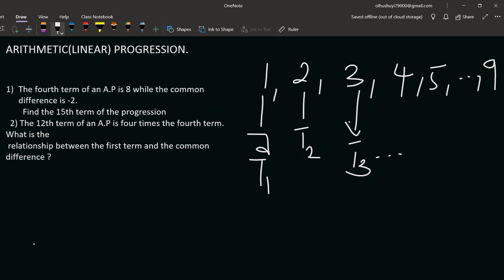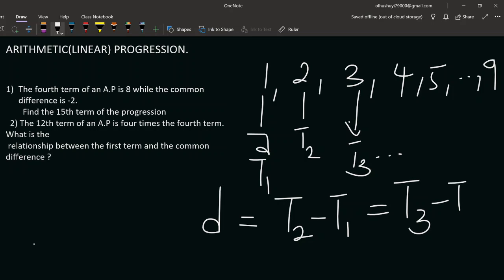Your common difference D is always T2 minus T1, which of course should be equal to T3 minus T2, on and on till you have Tn plus 1 minus Tn.